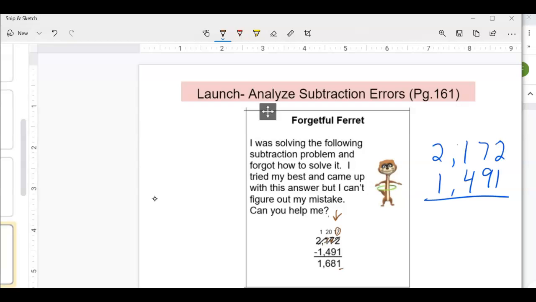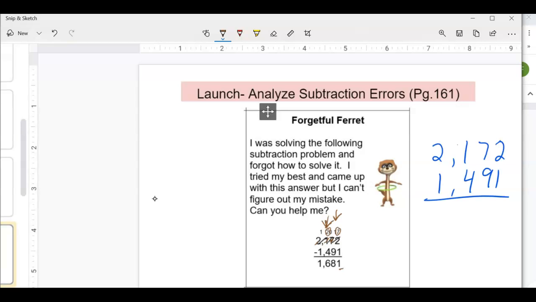So over here in the hundreds column, we used the 0 to ungroup, and we used the 1 to ungroup in the hundreds, so that was originally a 0. 0 minus 4, remember we said we could not do that, so then you have to go to the thousands to ungroup. That becomes a 1. So he's got 20 here instead of 10.